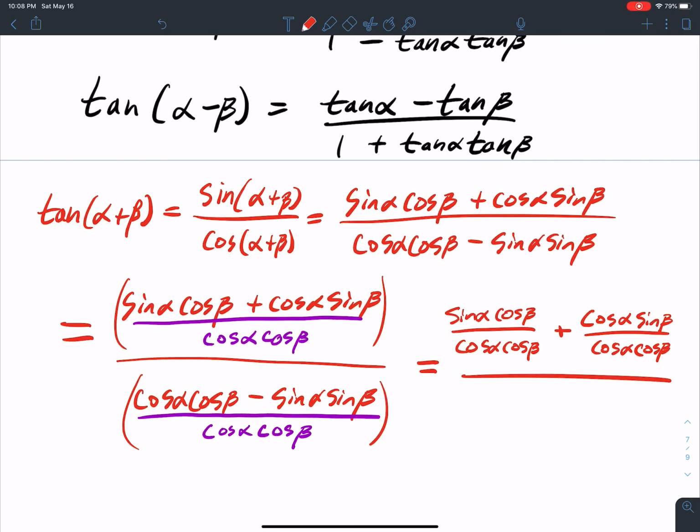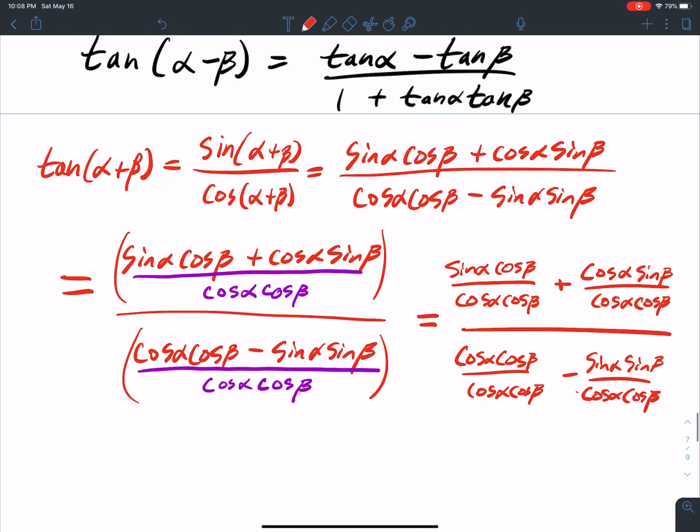And in the denominator I have cosine alpha cosine beta over cosine alpha cosine beta, minus sine alpha sine beta over cosine alpha cosine beta.